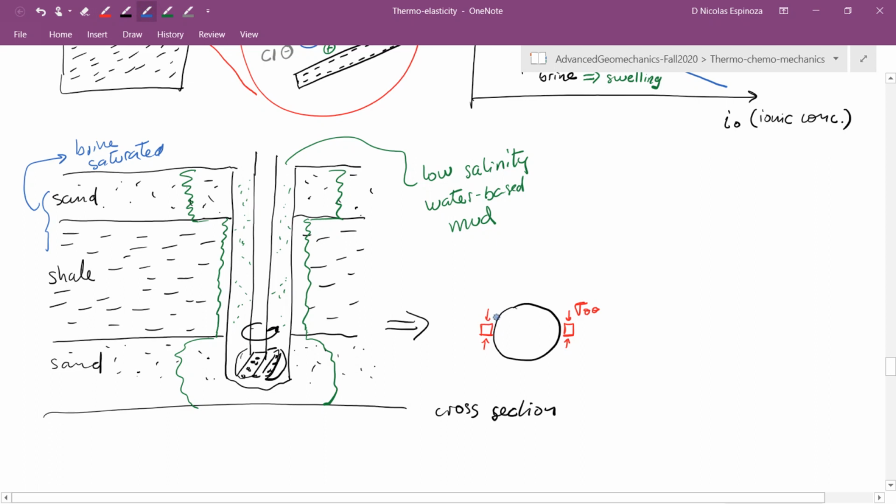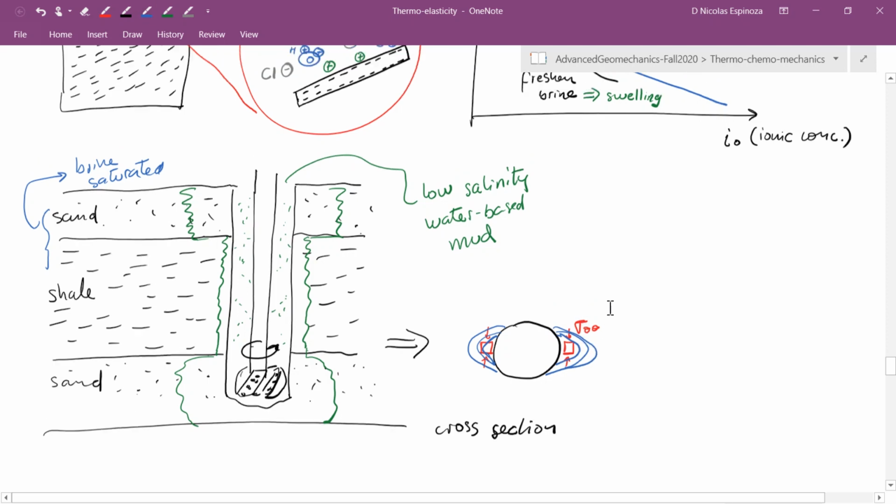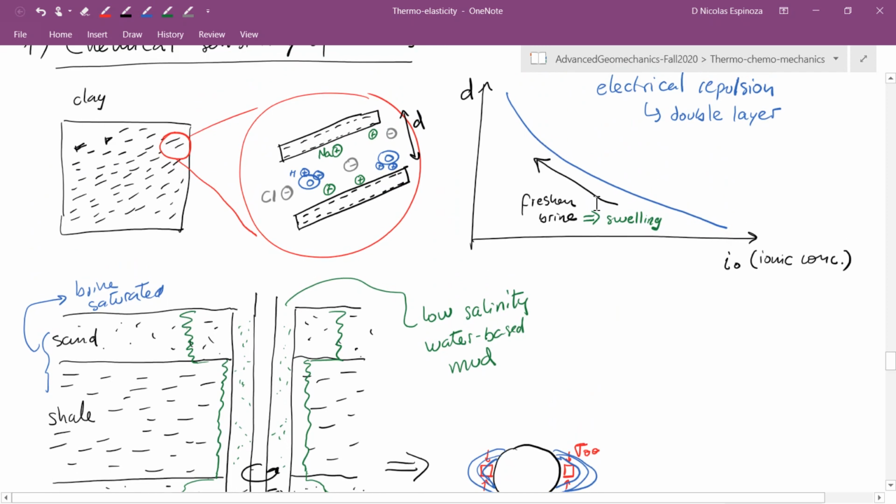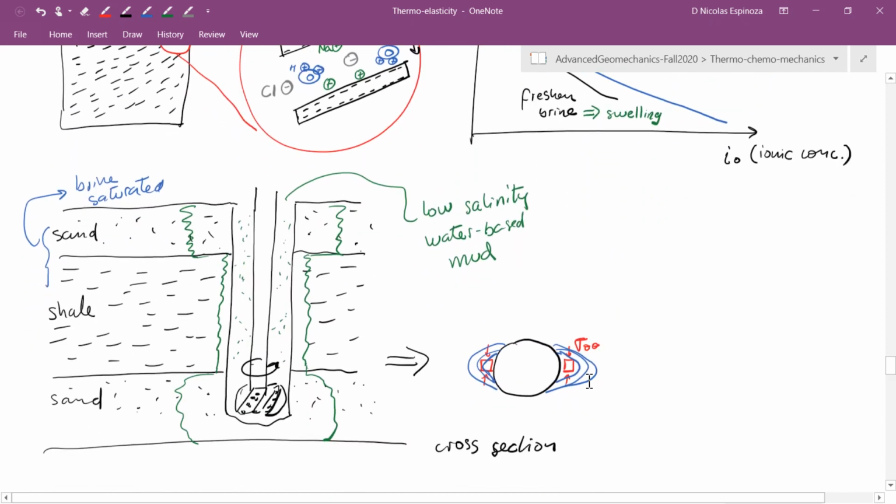So, for example, if I had a small breakout without the chemical action, now with the chemical action, I might have an increased breakout zone because of the increased hoop stresses due to the action of the shale swelling but not being allowed to swell.